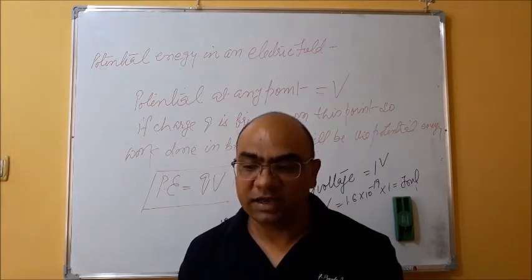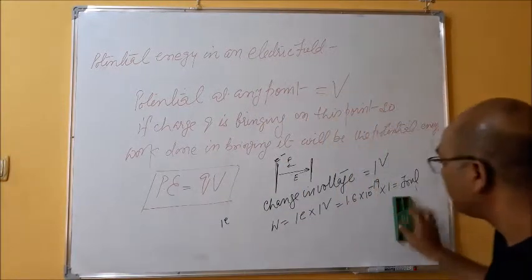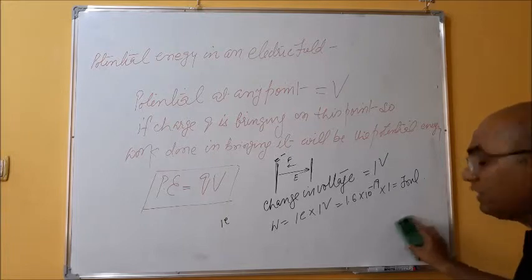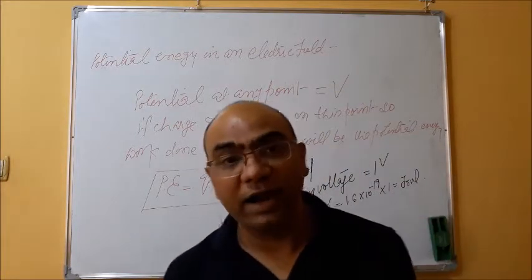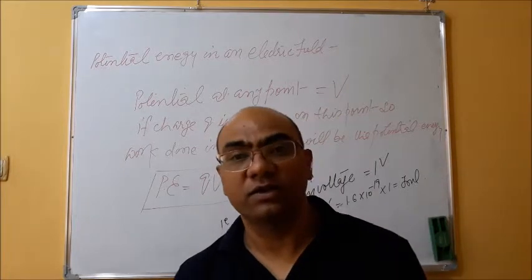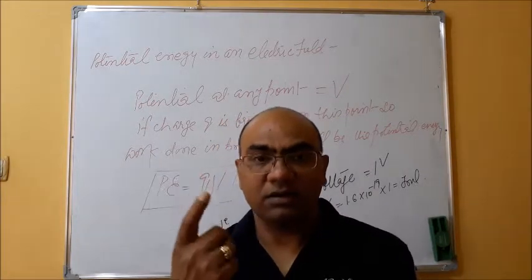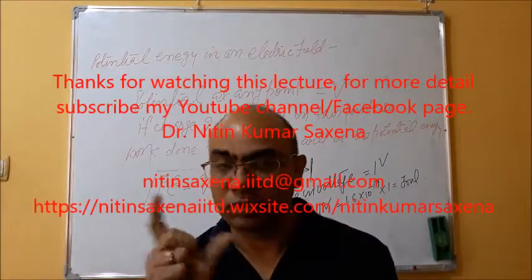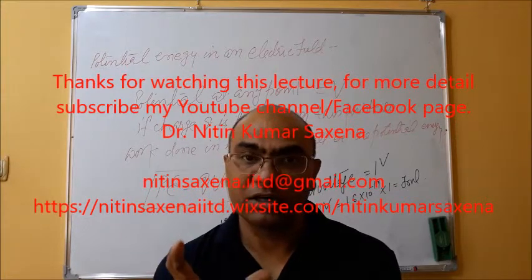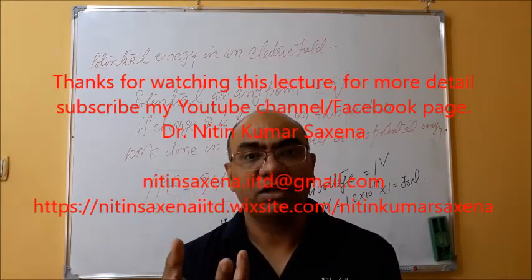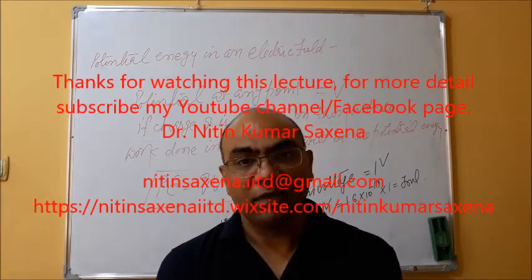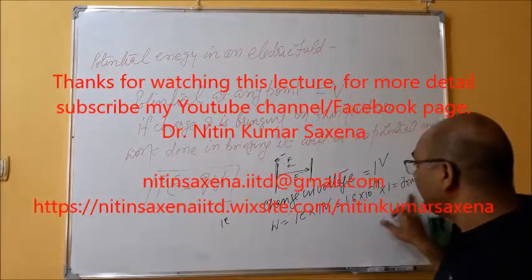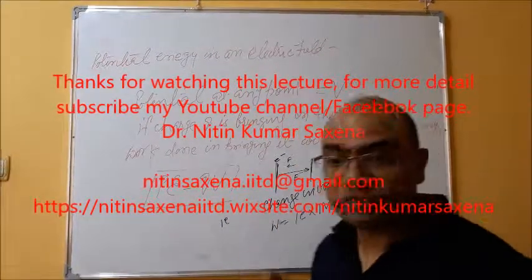So what is the value of this energy? 1 electron volt, and this value is normally used when we study the concept of atoms, the concept of nucleus, etc. The energy gained by 1 electron moving through a potential difference of 1 volt is 1 electron volt, and the value of 1 electron volt is 1.6 into 10 to the power minus 19 joule, right?